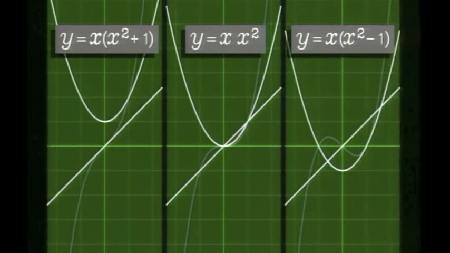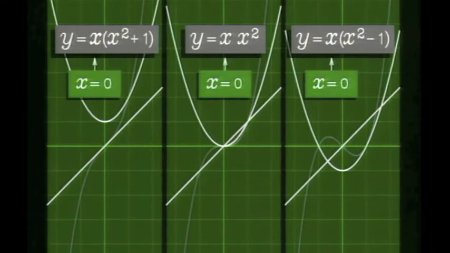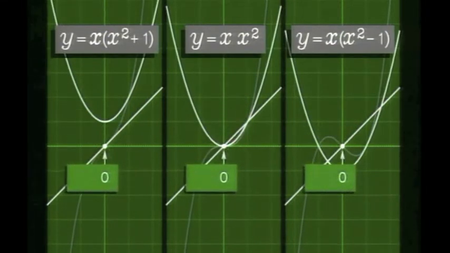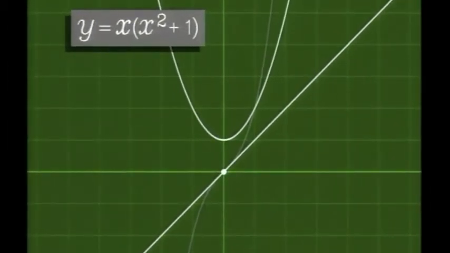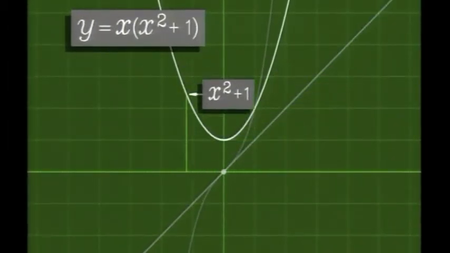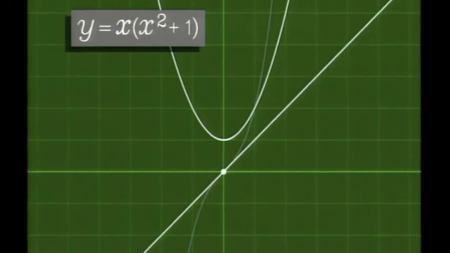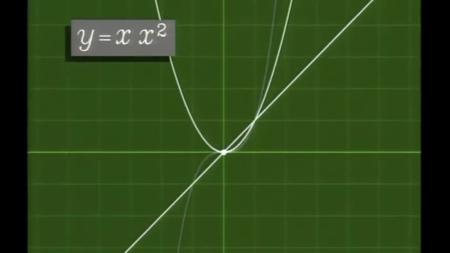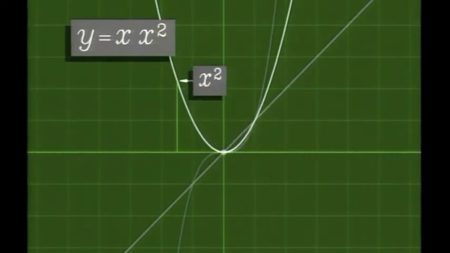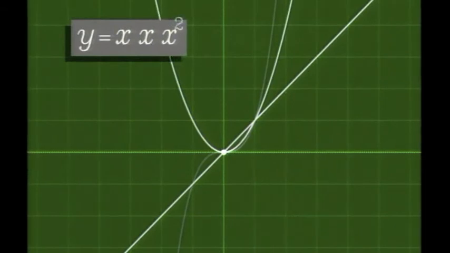The linear factor has exactly 1 zero, which is also a zero of the cubic. In this example, the quadratic factor is never 0, so the cubic has only 1 zero. In this example, the quadratic itself has a double 0, so it can be factored and the cubic has a triple 0.